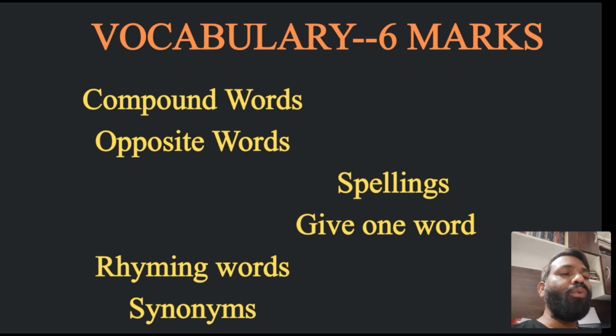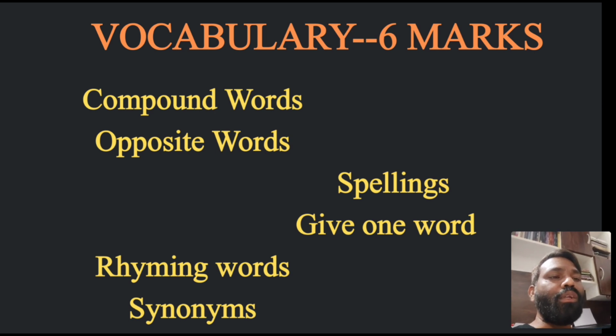How they have designed this question paper is really wonderful. They have different parts and they allotted the marks according to the part. What is the first part? That is vocabulary, and it carries 6 marks in the MCQ section. What elements did they cover in vocabulary?